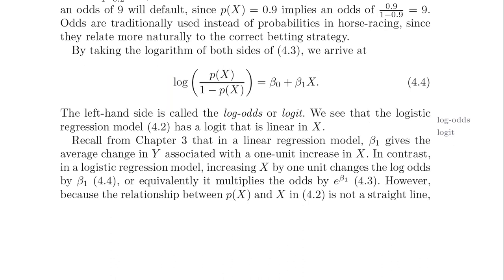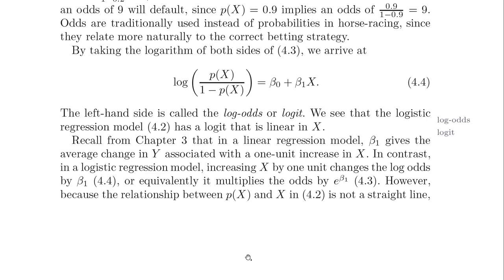Since it's linear, the gradient is the same everywhere, so wherever you are on the line, it's the same slope. In contrast, in a logistic regression model, increasing X by 1 unit changes the log odds by beta 1.